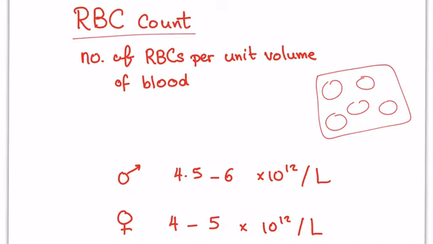In male, normally you have 4.5 to 6 times 10 to the power 12 per liter, or you can say times 10 to the power 6 per microliter. Okay, so you have kind of 5 million red blood cells per microliter in a male. In a female, it's less, 4 to 5 times 10 power 12 per liter.